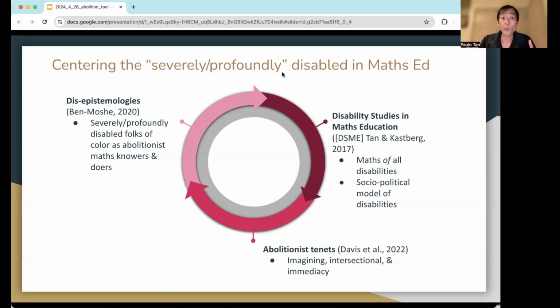In this case, what I'm thinking about here is how students who are severely and profoundly disabled and are of color are abolitionist math endurers. So they can and they should lead the way in thinking about these new ways of mathematics education engagement in elementary schools. So this is, again, the basis of the tool that I'm going to be sharing today.